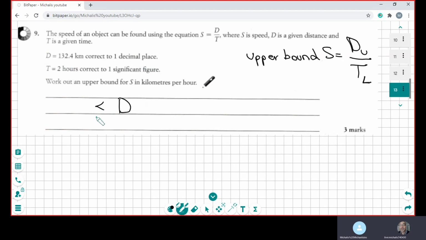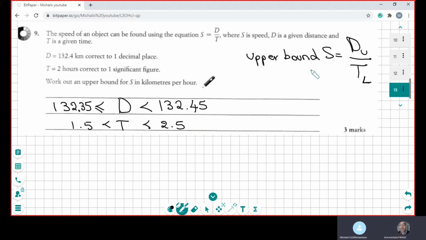So the lower bound of the distance is 132.35, and the higher bound of distance is 132.45. I do the same with the time. The time is rounded to one significant figure, so the lower bound is 1.5 and the higher bound is 2.5.